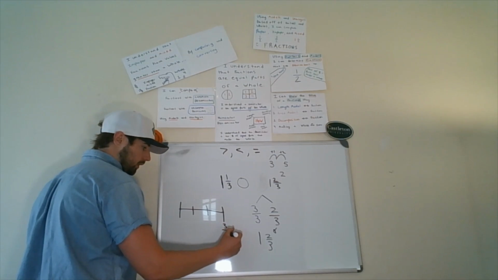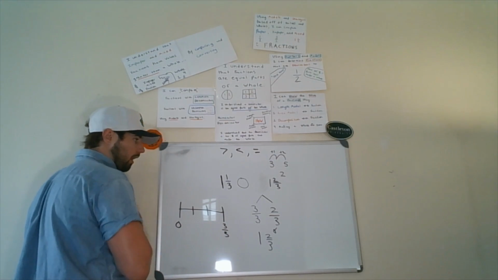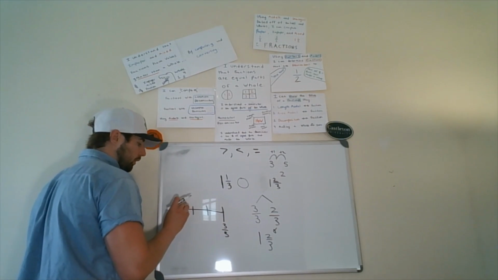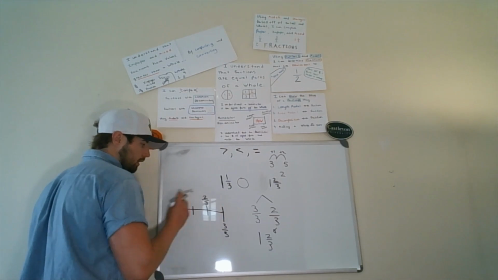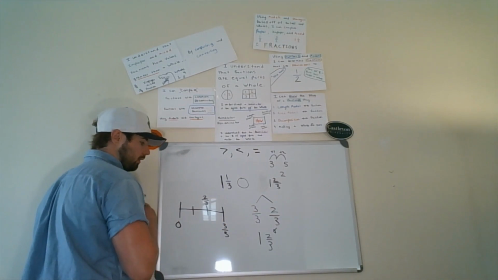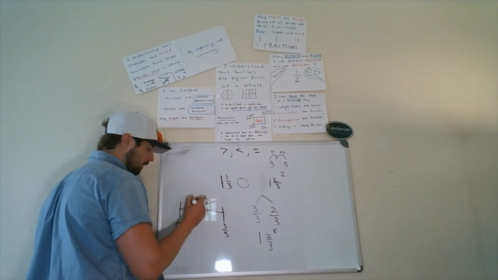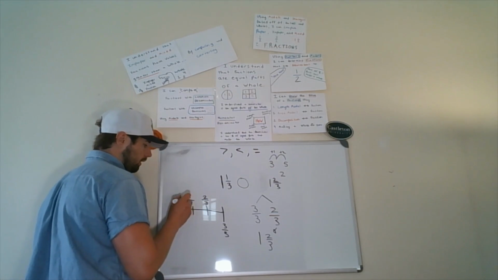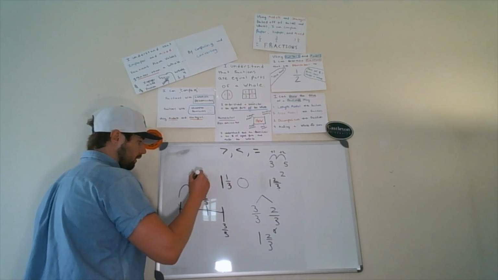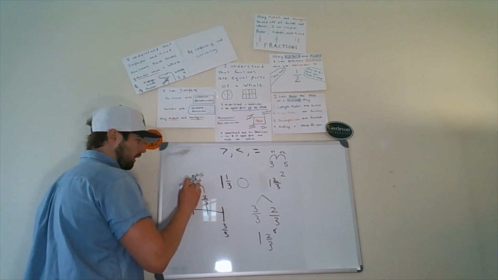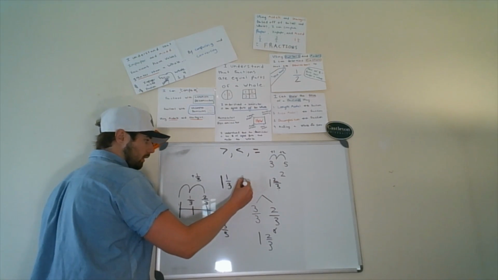This would be 3/3. This would be 0. 2/3, 1, 2 would be here. 1/3 would be here. 2/3 is clearly 1/3 greater.